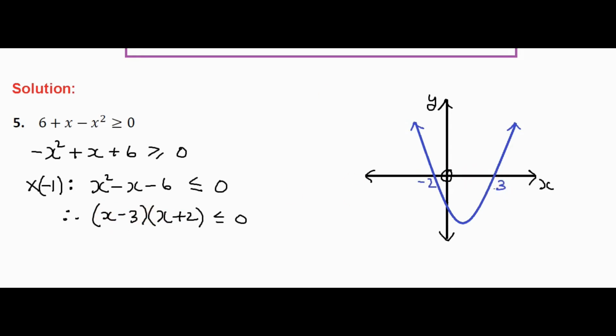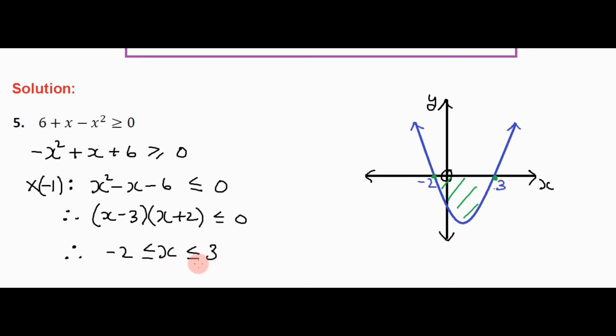In this case, we want the parabola to be either equal to 0, which is at negative 2 and positive 3, or less than 0, in other words, below the x-axis, which is this region. And we can see that the parabola is below the x-axis for all x's between negative 2 and 3. So then our answer will be x is greater than or equal to negative 2 or less than 3.